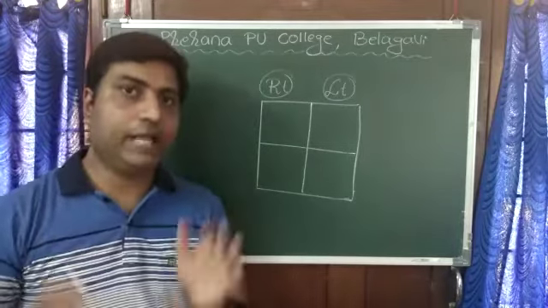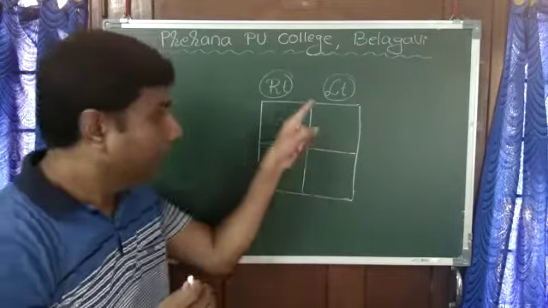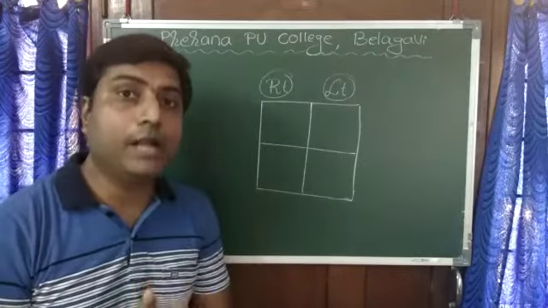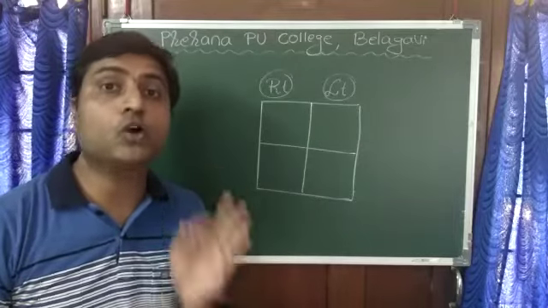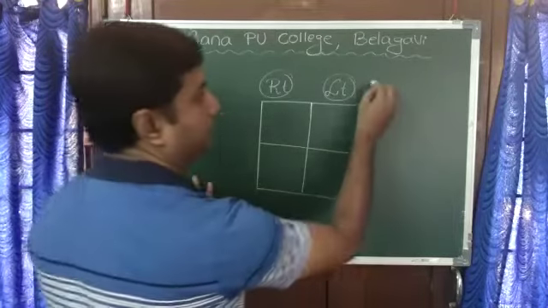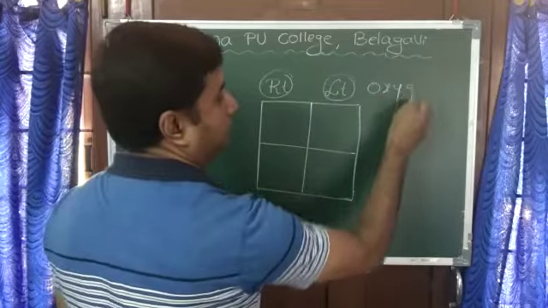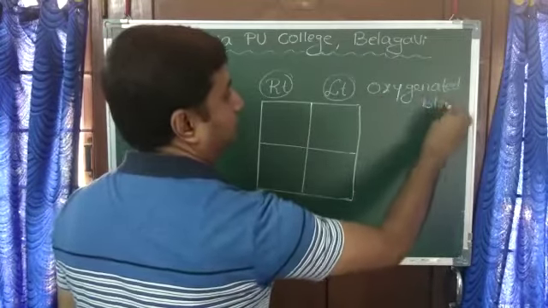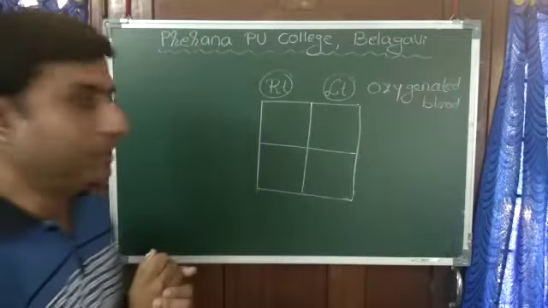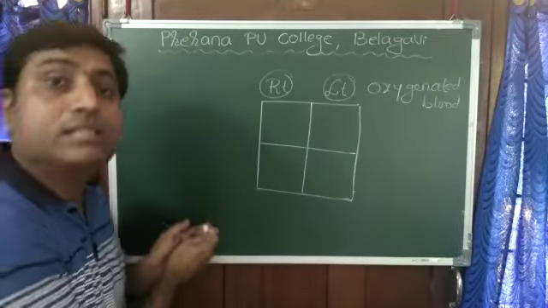A very interesting thing that we have to remember: the left part of the heart always contains pure blood, or what we call oxygenated blood. And the right part contains impure blood.